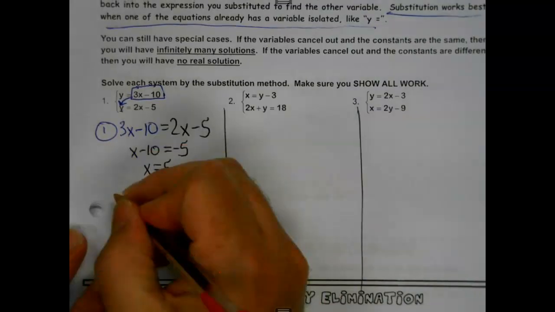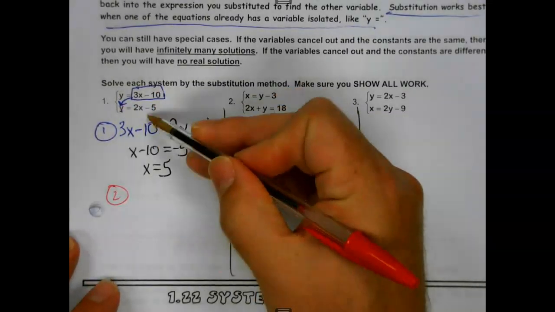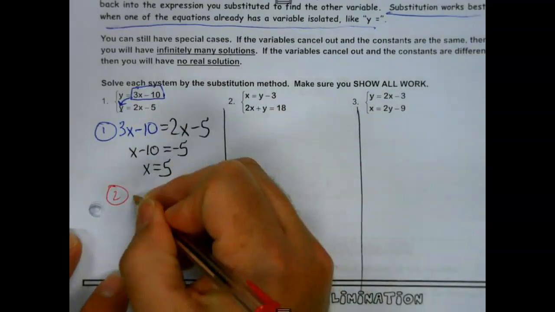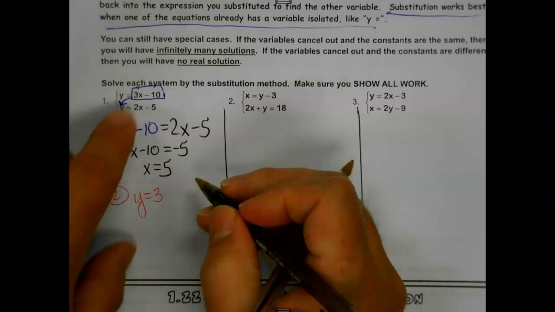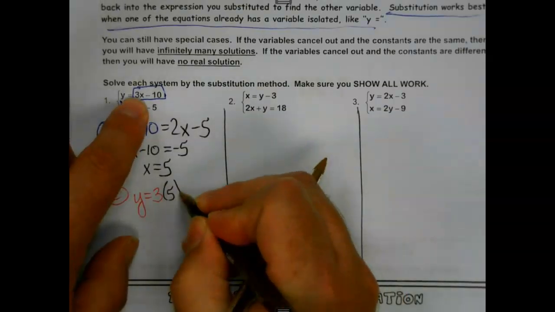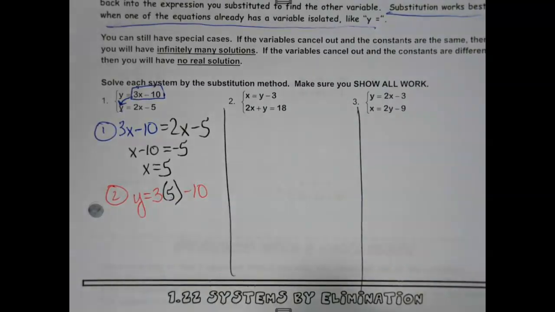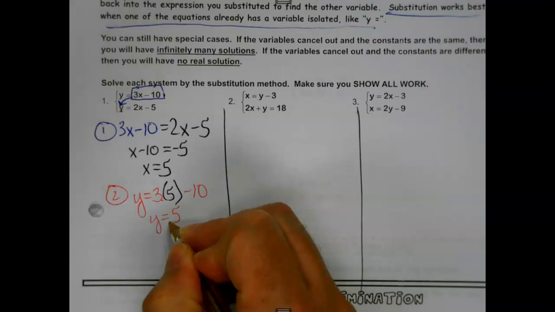In this particular case, these are both y equals. You can pick either equation. It makes no difference which one you pick. We're going to start going along until we get to x. But now we know what x is, so we're going to substitute the value in. 15 minus 10 is 5.